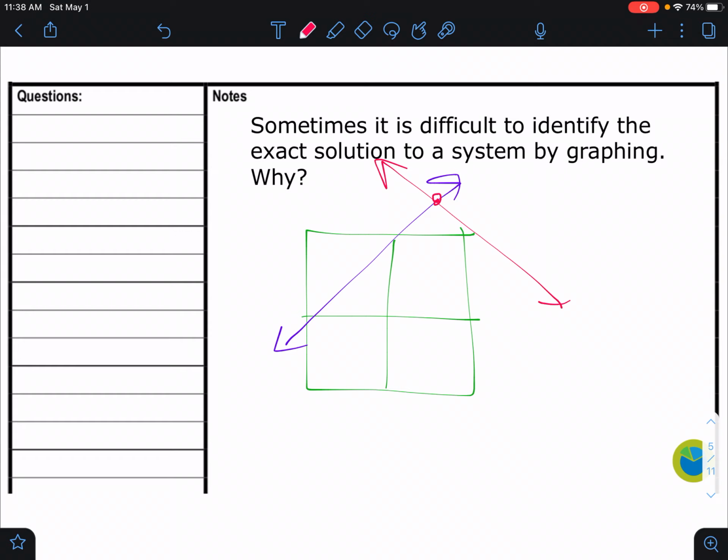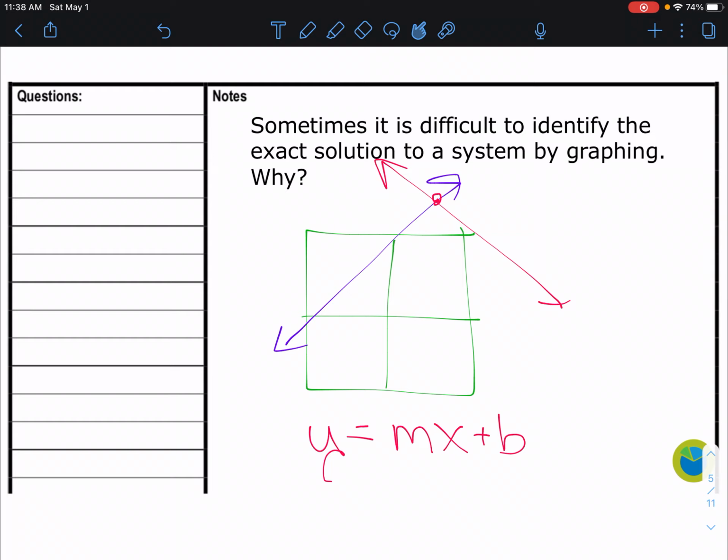So that doesn't work; I can't use my graphing calculator. Also, in order to use the graphing calculator, the equations always have to be in y equals form, and that is not always the case with linear functions. They don't always come in y equals mx plus b form. Sometimes they're in different forms. So we need other methods, and we can use algebra to find them.